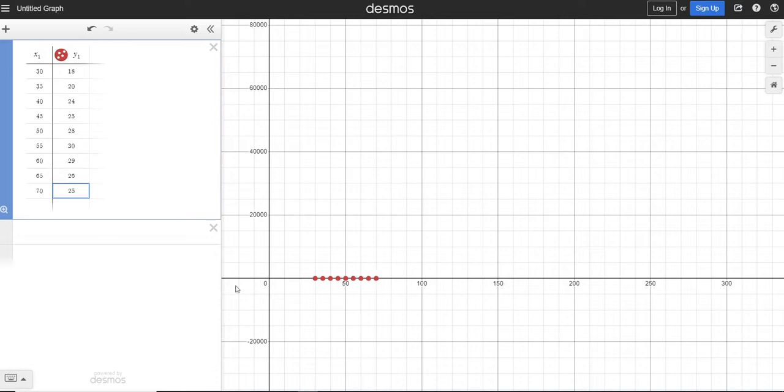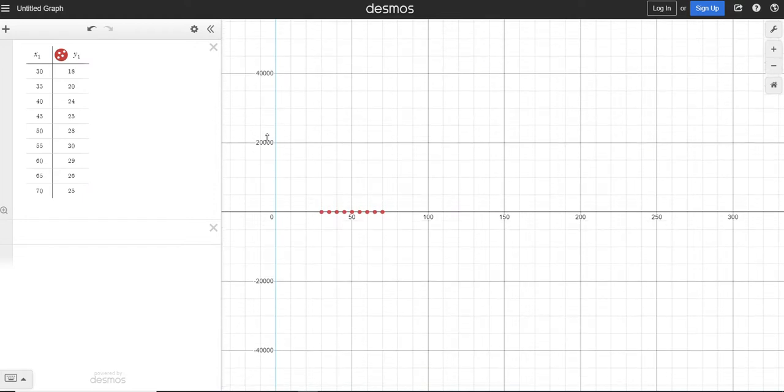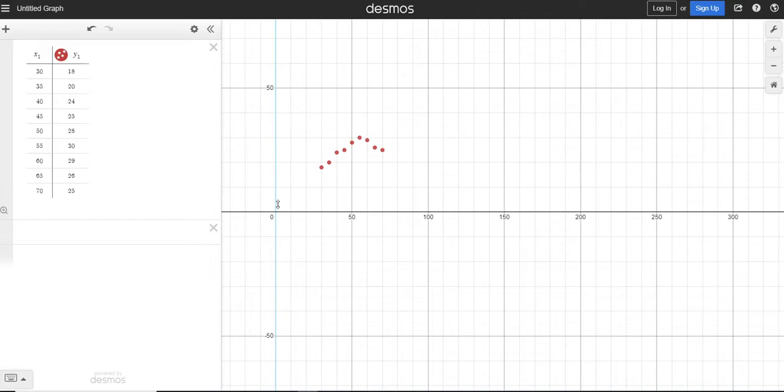Okay. Now this is a terrible window. It almost looks like they're all 0 because I've got such large values here on my y-axis. So I definitely need to change that. There we go. It's a bit better.